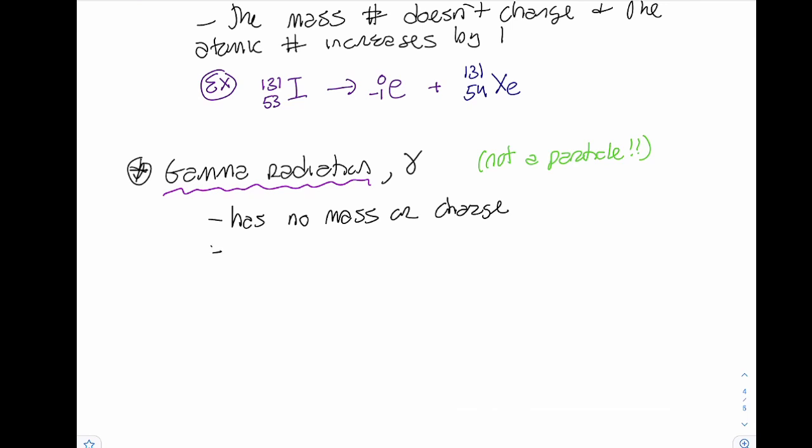And it's essentially just a stream of high energy electromagnetic radiation. So essentially we're just giving off energy. Our mass number and our atomic number are not changing.